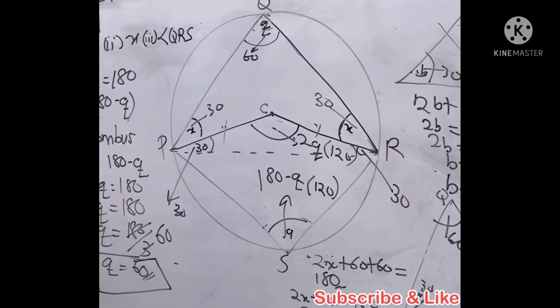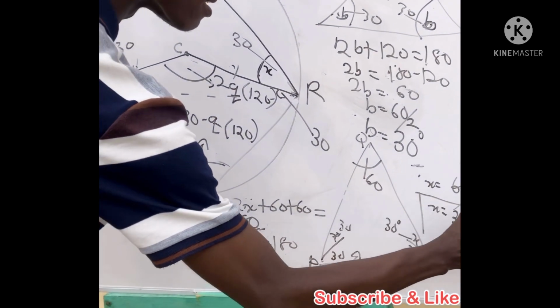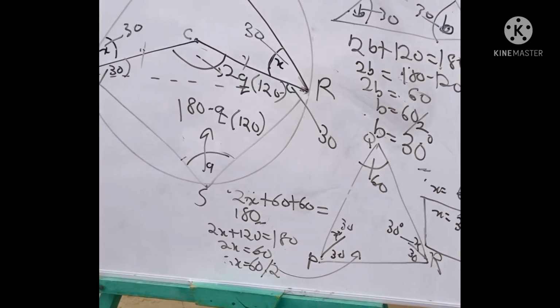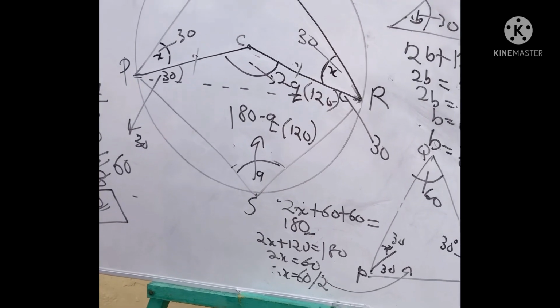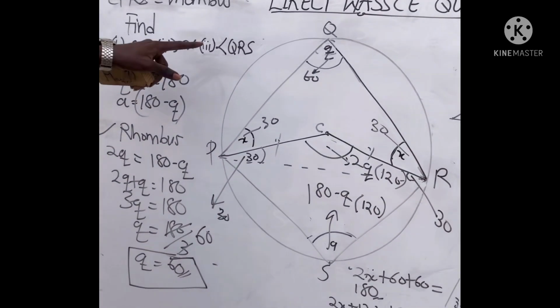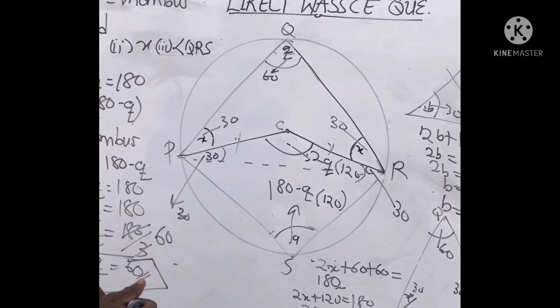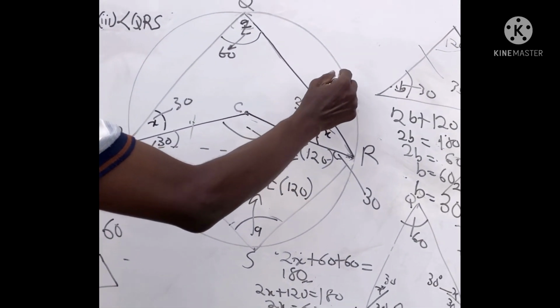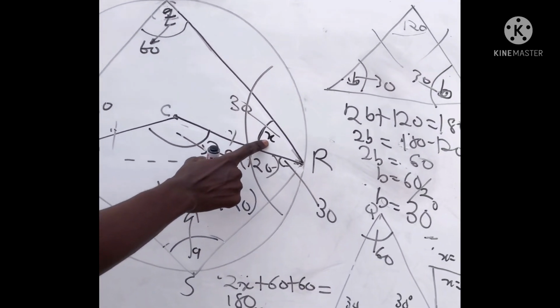Now our last question. So we've gotten the value of x to be 30. Now we are asked to find the value of angle QRS. Angle QRS is the sum of all the angles here. We know that x is 30.